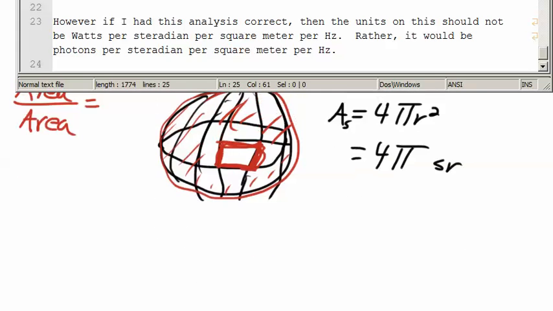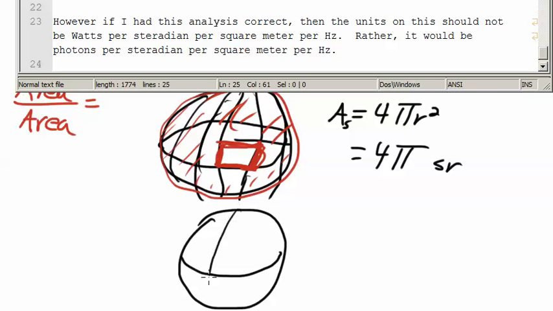I'm tempted to just give some examples at first. Let's see. This quarter is pi steradians, and this quarter is pi steradians.